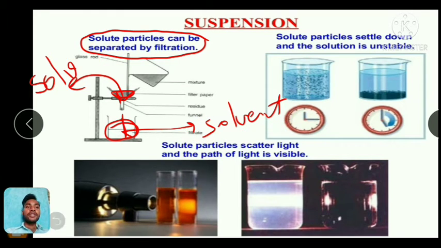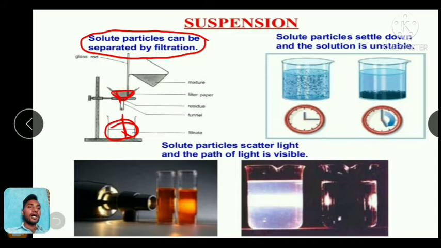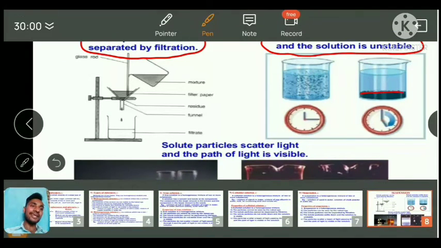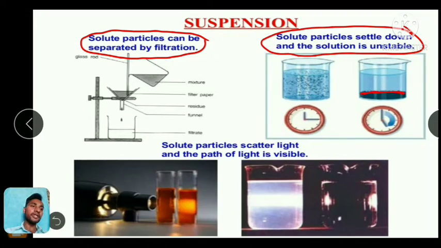Now we discuss how the particles are visible and how it is unstable. When you leave it for some time, you will notice two complete layers, separated very easily. The solvent will be upside and the solute will be downside. Actually, it depends on density, which we will discuss in the next video.